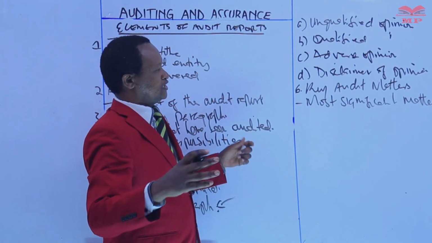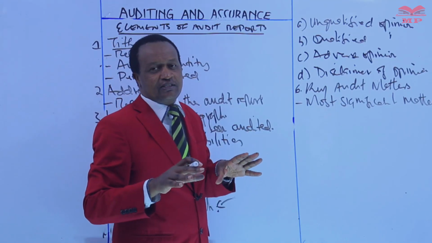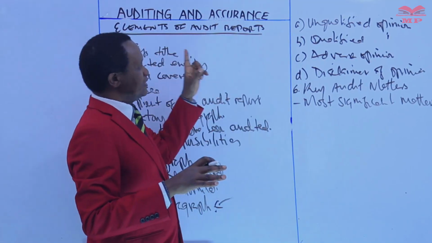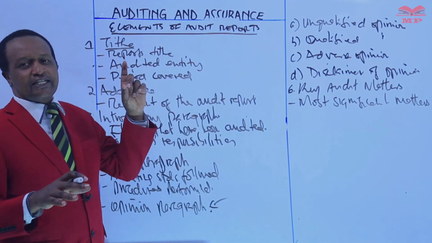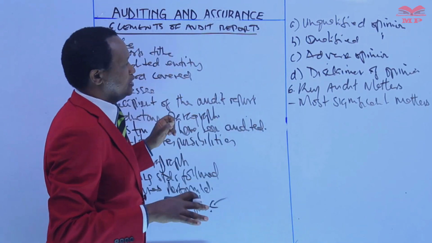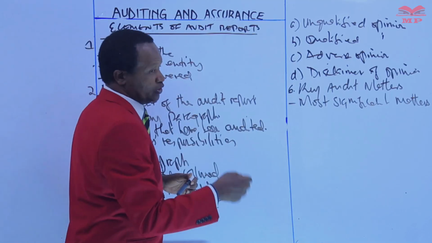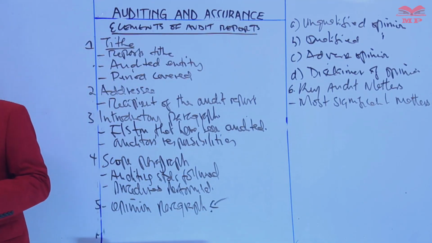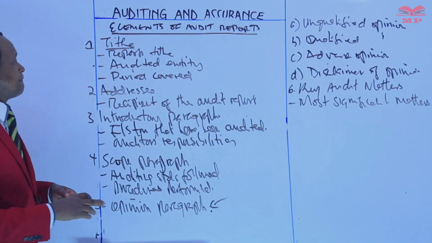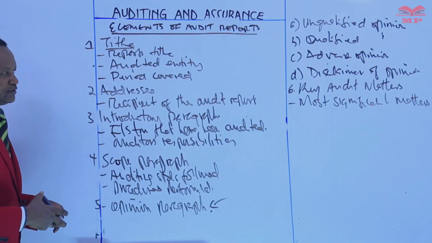So when auditing, the auditor may come across matters that he considers significant. So the auditor has to highlight such matters in the audit report and his response to the key audit matters. You understand? Key audit matters, that is another element of an audit report.